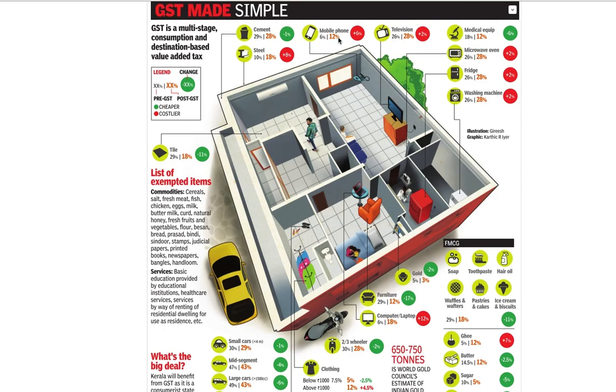Mobile phone, from 6% it's gone to 12% of tax, so it's increased by 6%. And you can see television is increased by 2%, and computer and laptop increased by 12%, which is quite high, which means like an Apple laptop, which used to cost around 55, 56,000, now it's going to be increased to 64,000, like 7,000 increase.